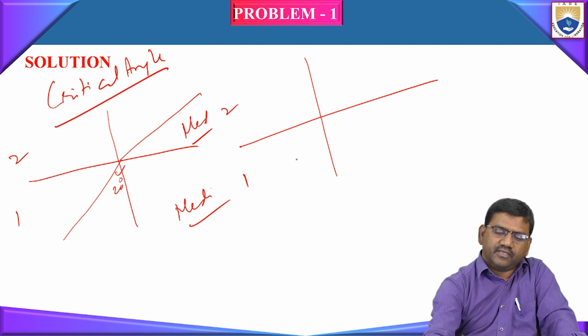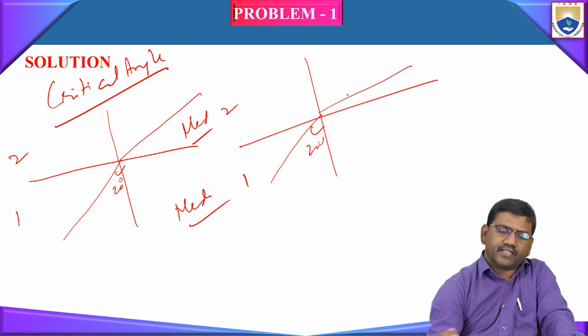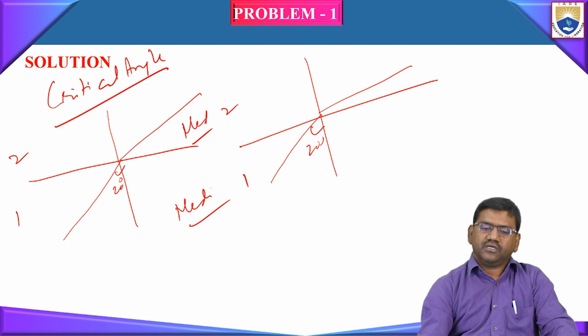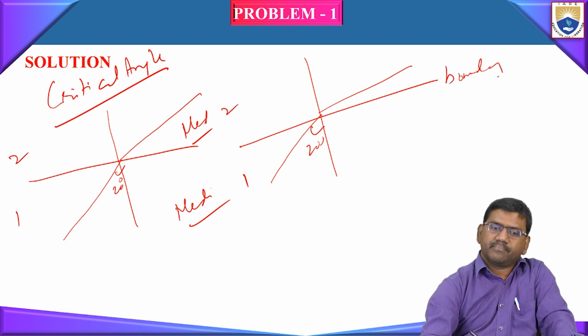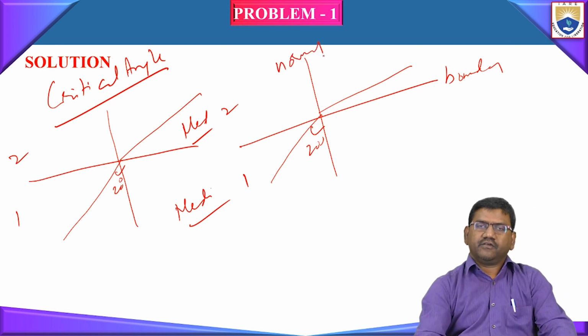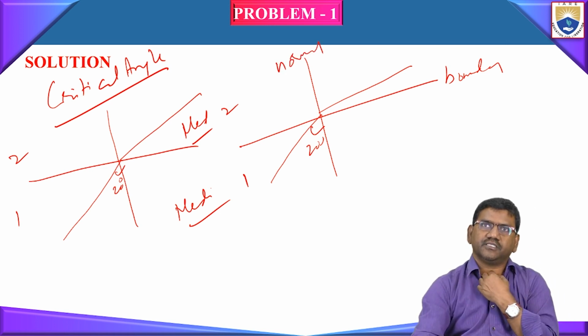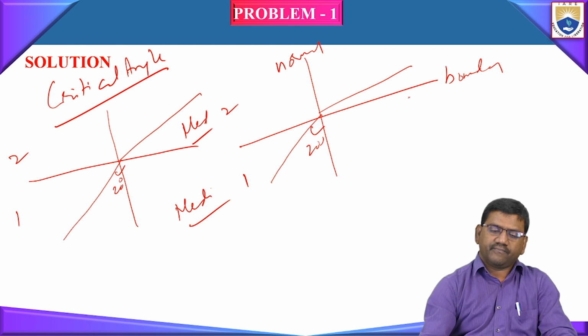As we increase the angle from 10 to 20 degrees, the angle of refraction increases. This is the boundary and this is the normal. When a ray travels from the denser medium to the rarer medium, it moves away from the normal, towards the boundary.